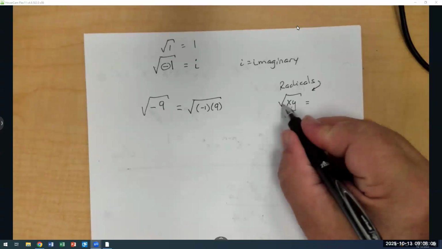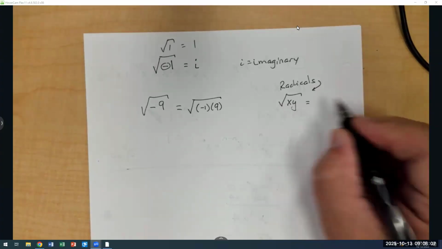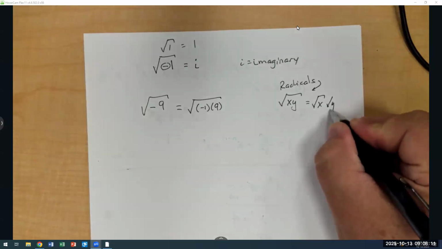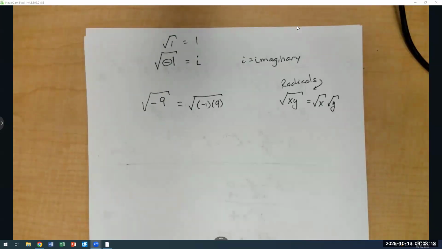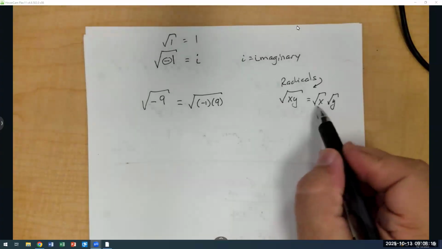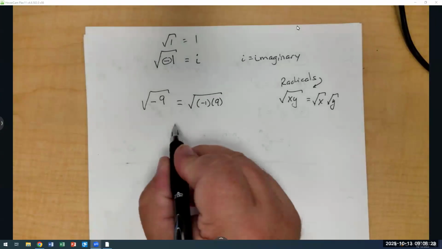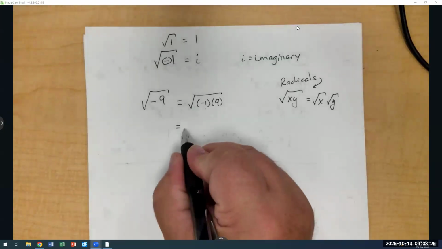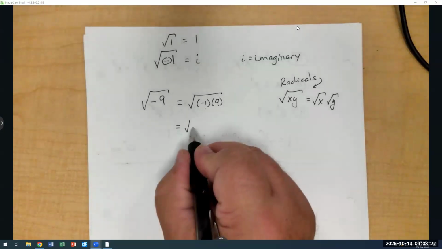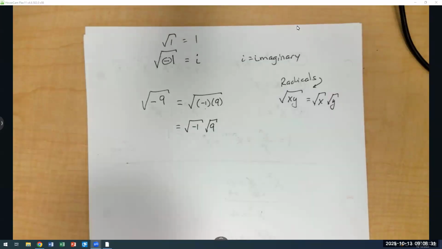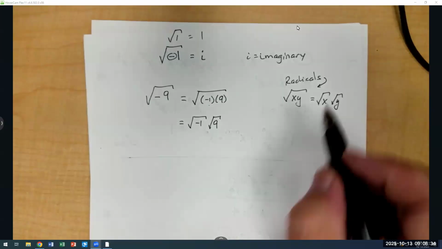It says if I have the square root and I'm multiplying things together, I can split them up. Or conversely, if I have them separated, I can combine them. So since these are multiplied, I can split them up because of this.